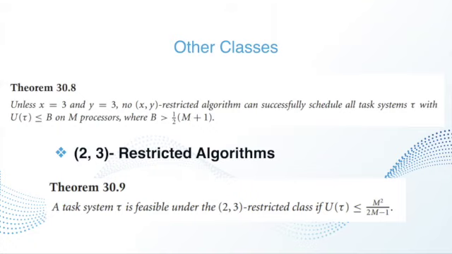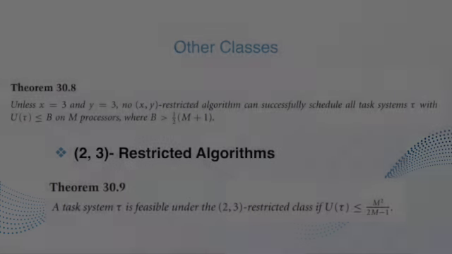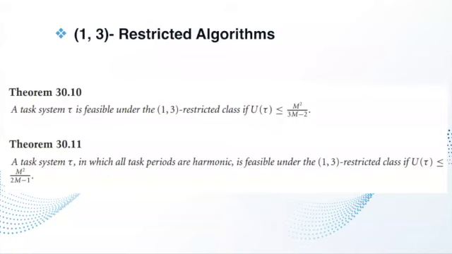Theorem 30.9: a task system tau is feasible under the 2 and 3 restricted class if u(tau) is less or equal than m squared over 2m minus 1. For 1 and 3 restricted algorithms, based upon RM rather than EDF, tasks that have utilizations at least m over 3m minus 2 are statically assigned the highest priority in the system, while the remaining tasks are prioritized on an RM basis.